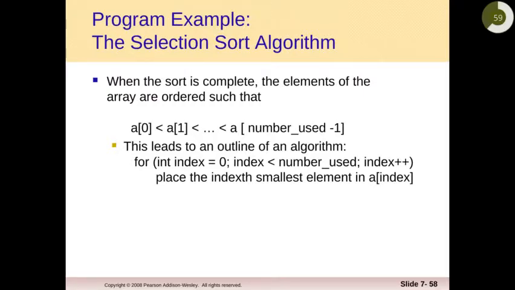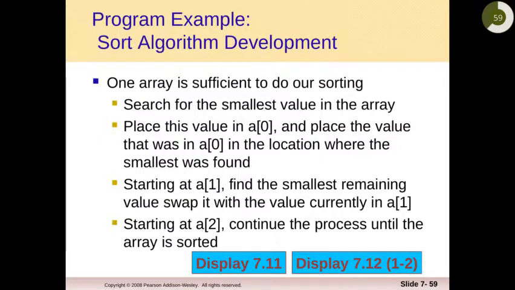Okay, that's what I'm saying. One array is sufficient to do the sorting, and the reason for that is when I want to know which element needs to go into position 0, I scan the entire array and I find an index position where the smallest element is that needs to go into position 0.